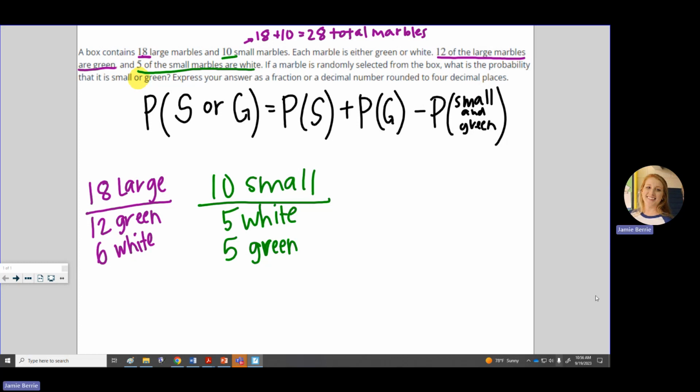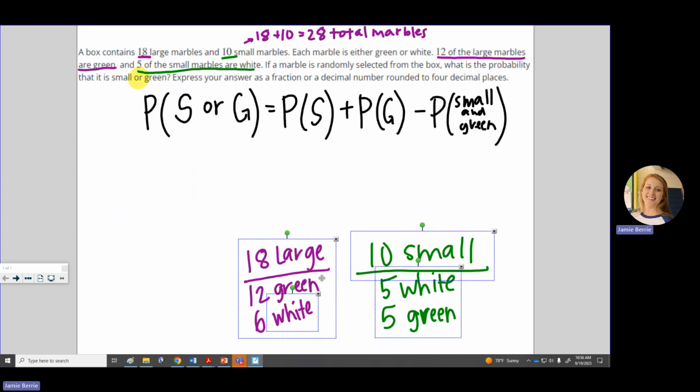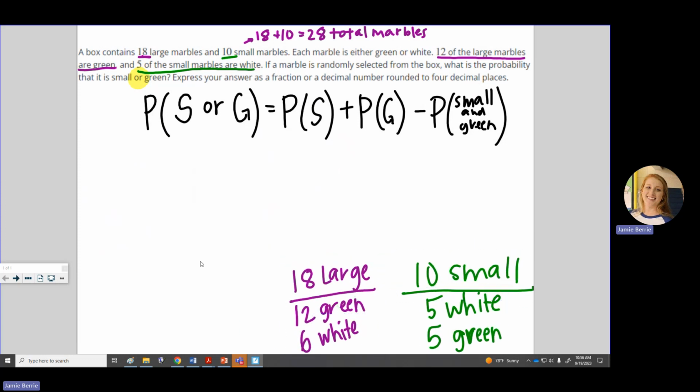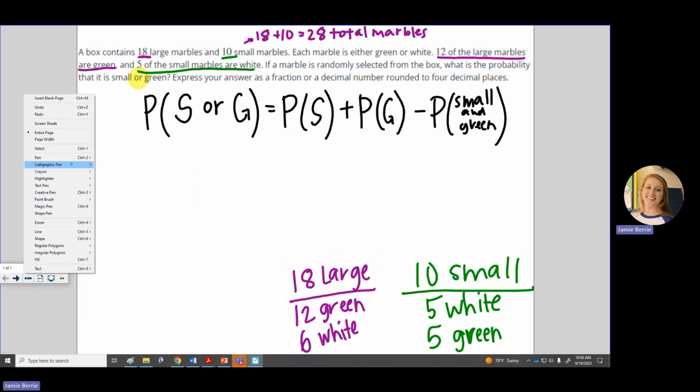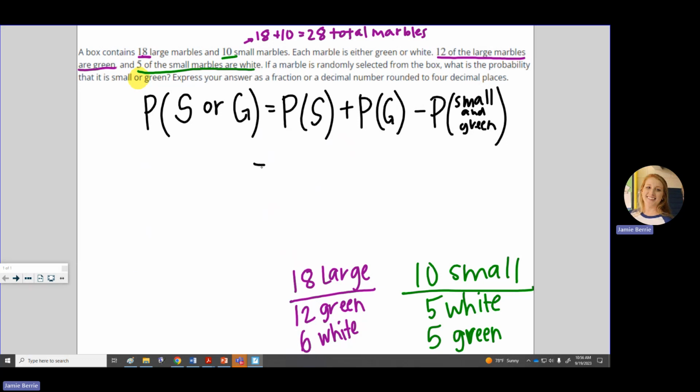All right, now that we've figured that out, we can start plugging in our probabilities. Probability of small: out of the 28, 10 of them are small, so 10 out of 28. Green: how many are green in the entire box?